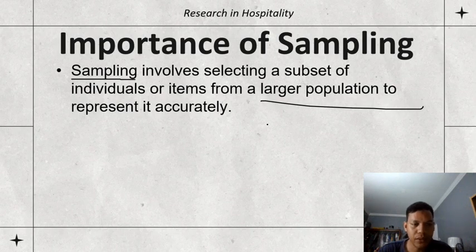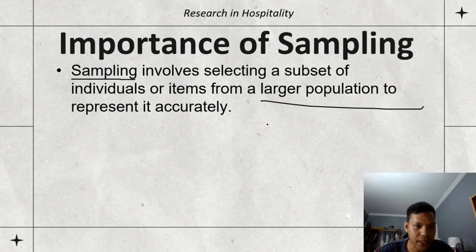For example, you are going to study all the employees in a certain resort. For example, they have 5,000 employees, so it will consume your time and also your finances. So instead of asking questions to the 5,000 employees, you need only to have a sample.